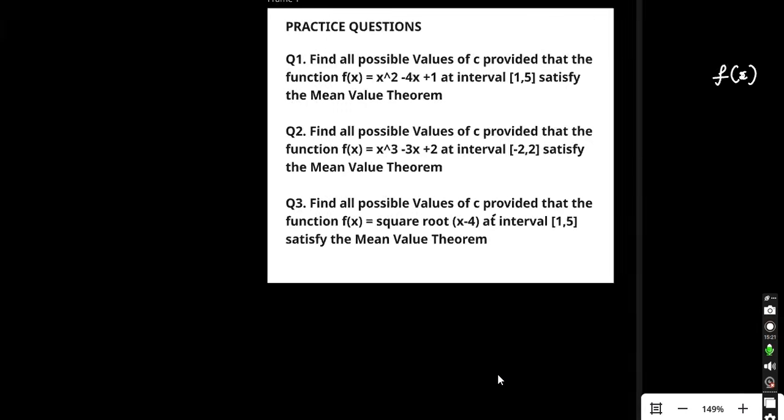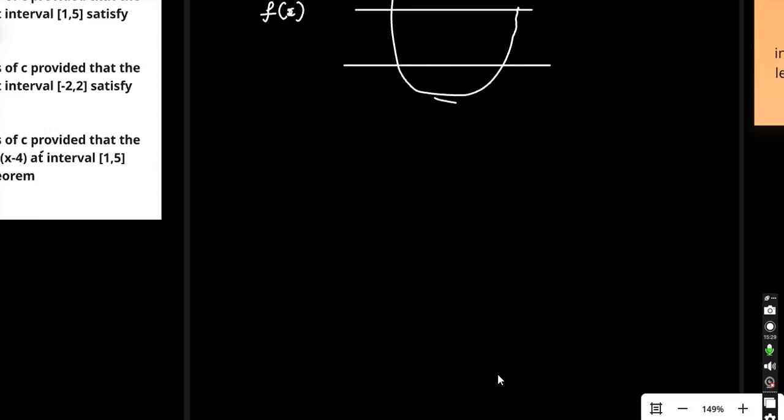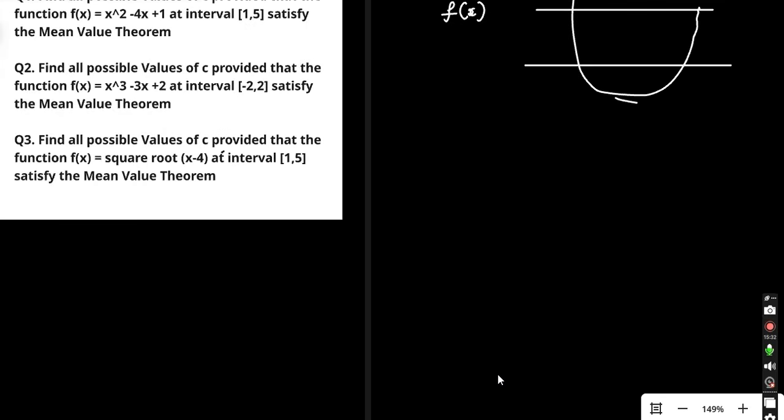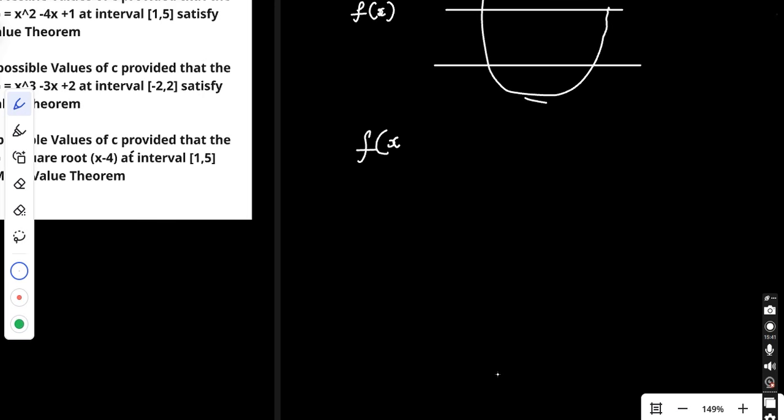We have our function f of x equals x squared minus 4x plus 1 at interval.